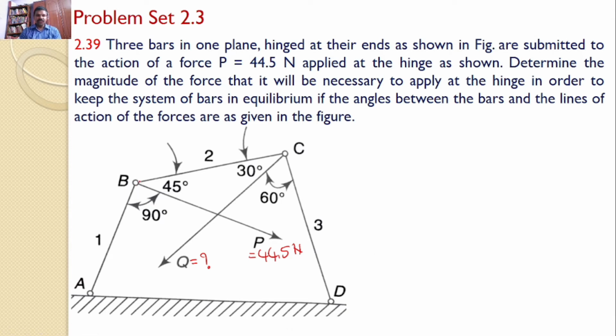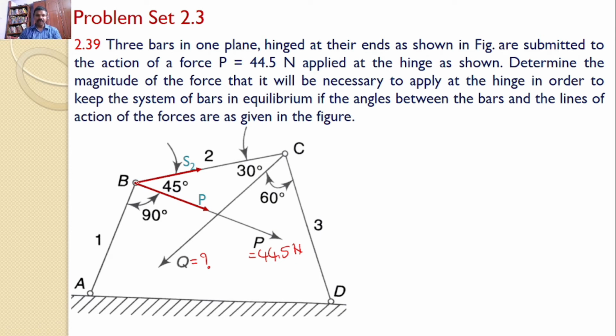What are the various forces that are acting at hinge B? The first force, of course, is the applied force, that is P. Next force is the force along the bar BC. We are assuming that the forces in all bars are tension initially.